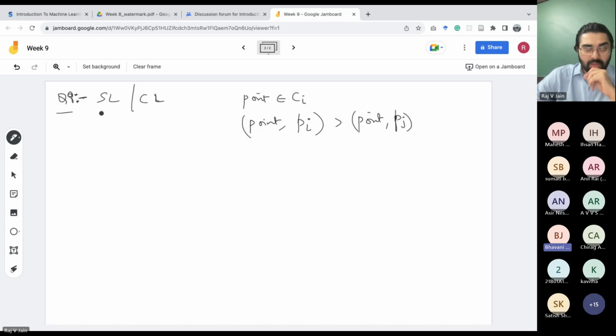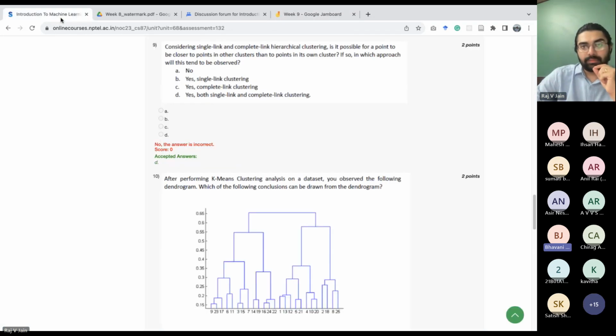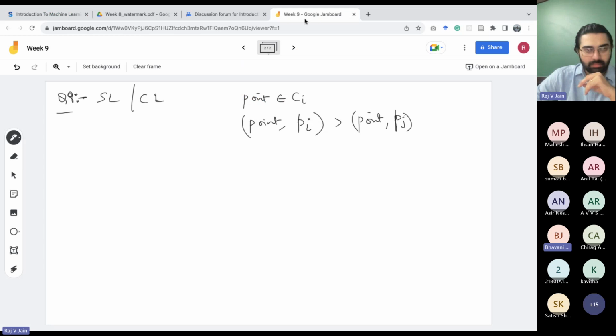So at least that we can visualize, but not sure of complete linkage. No, but we are not talking about between clusters though, right? I think the question is: is it possible for a point to be closer to points in other clusters than to points in its own cluster? So that is actually what it is.